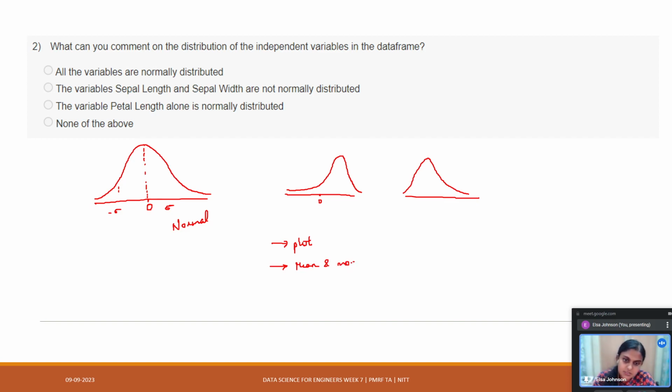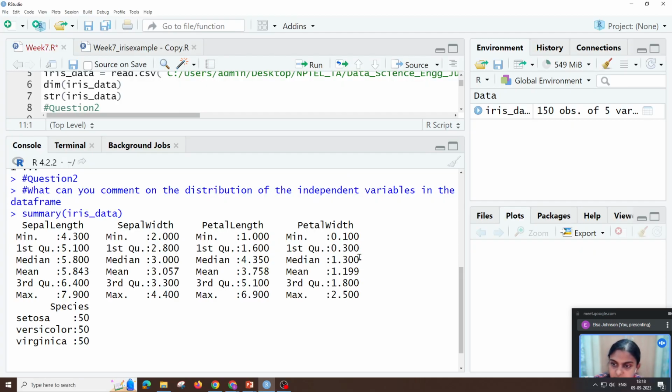So if the mean and median are close, the difference between them is very less, it's most probable that your data is distributed normally. And if there is a considerable difference between the mean and median of the data, then it is not normally distributed. Okay, so we'll come back here.